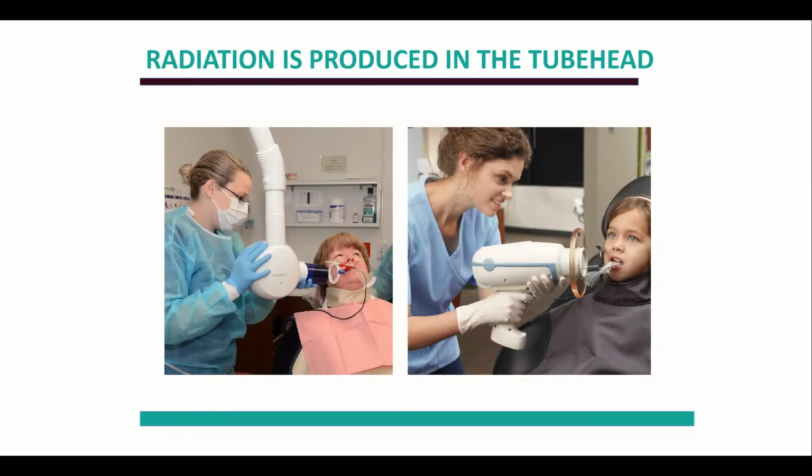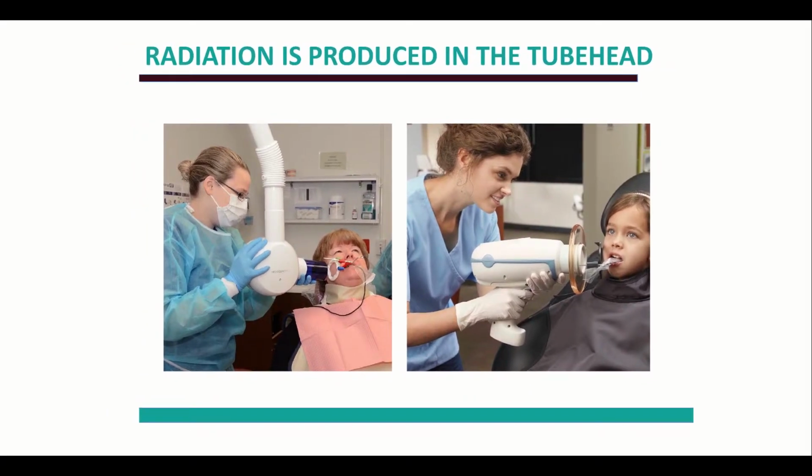What do we mean by the tube head? Well, the tube head is the part of the X-ray machine that is right here. The radiation is actually produced in this part right here, and on a portable unit, it's within this housing right here. This part right here, a lot of people call it the cone because it used to be cone shaped.